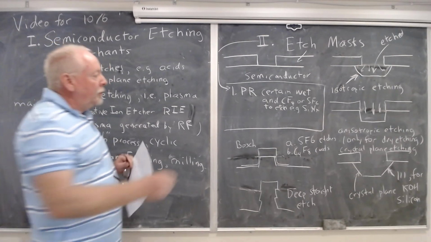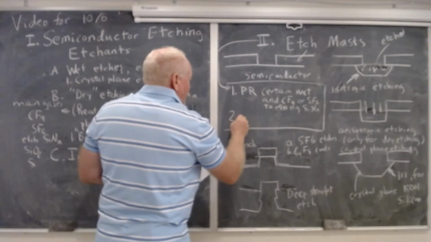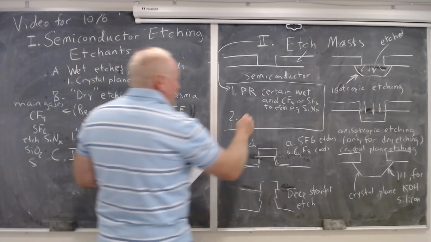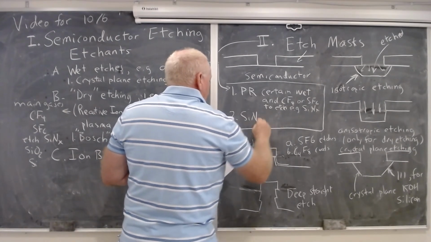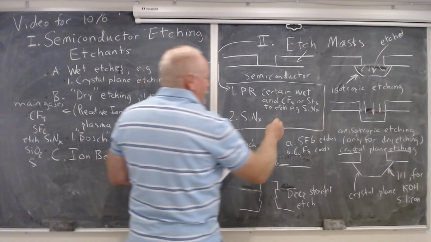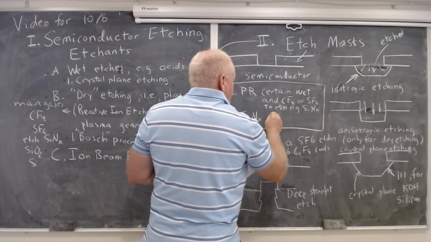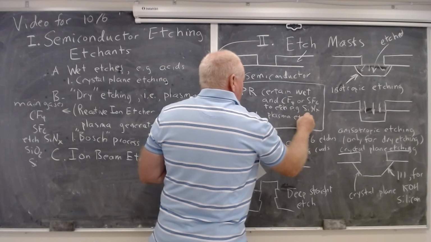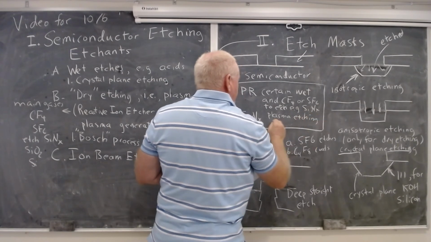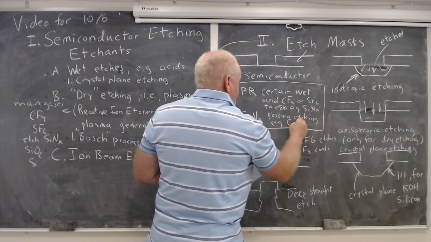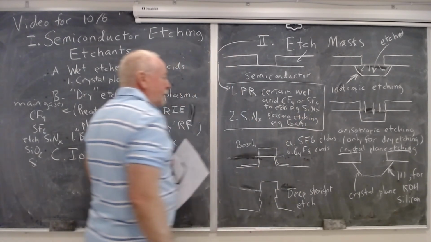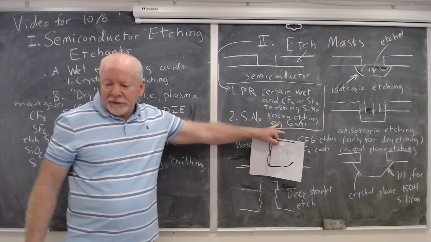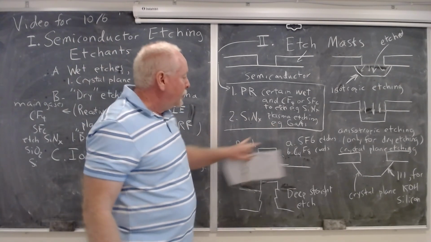Now, the next most used etch mask is silicon nitride. Okay, and for plasma etching, for example, gallium arsenide, or most 3,5 semiconductors, you use a plasma.